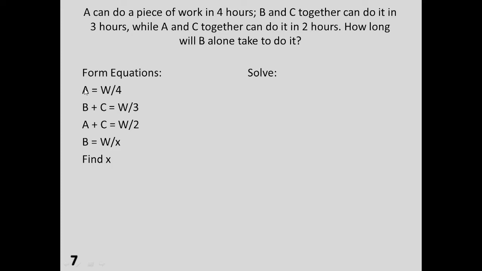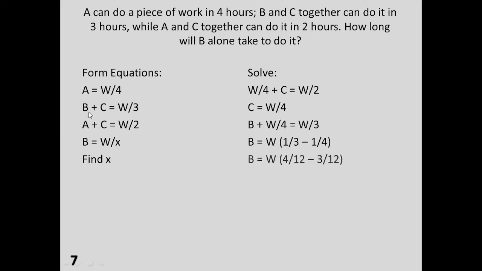So we substitute the value of a in this equation to find the value of c. Now we have the value of c, which we will substitute in the second equation and find the value of b. And the answer is 12 hours.